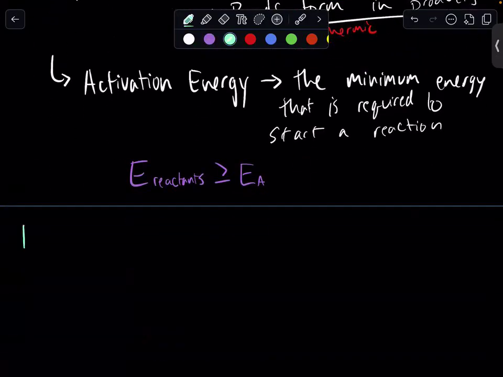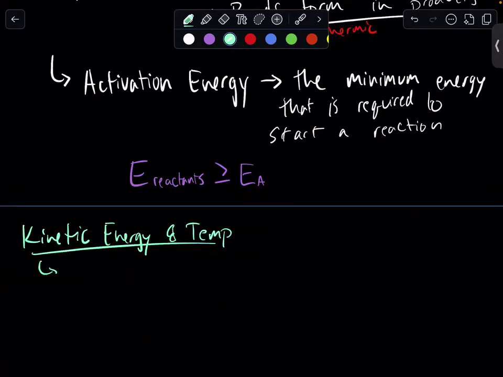So let's talk about kinetic energy. And related to kinetic energy as the average kinetic energy, we'll talk about temperature. So kinetic energy and temperature. When we increase temperature, what we're actually going to end up having to do is increase the kinetic energy.